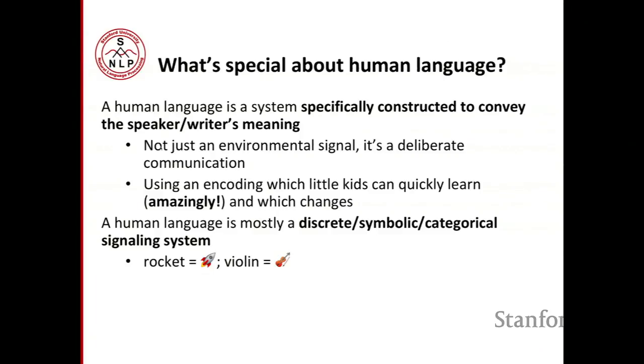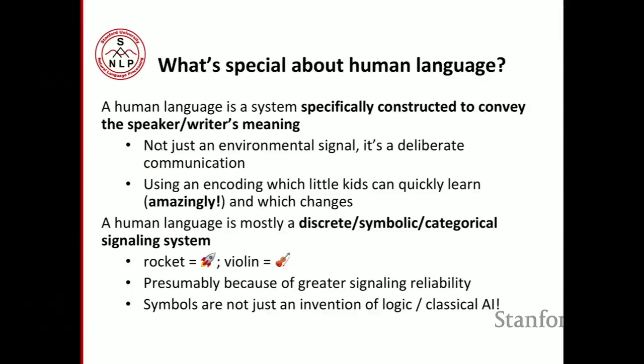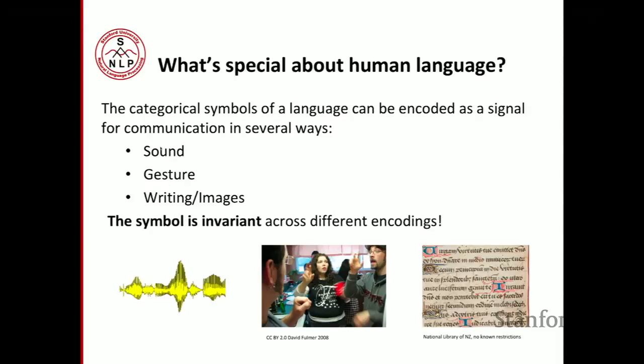Even though when I talk or when I write, there's usually some kind of continuum, in the end, we assume that there's a higher reliability when we communicate with very discrete signals that we call words. And in many ways, symbols, which have been the traditional way of looking at AI and reasoning and logic and so on, are clearly a fundamental part of natural language.